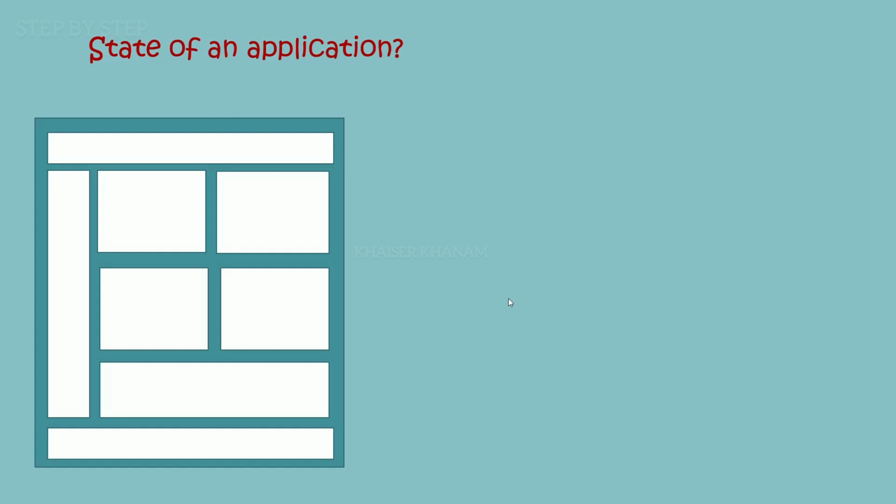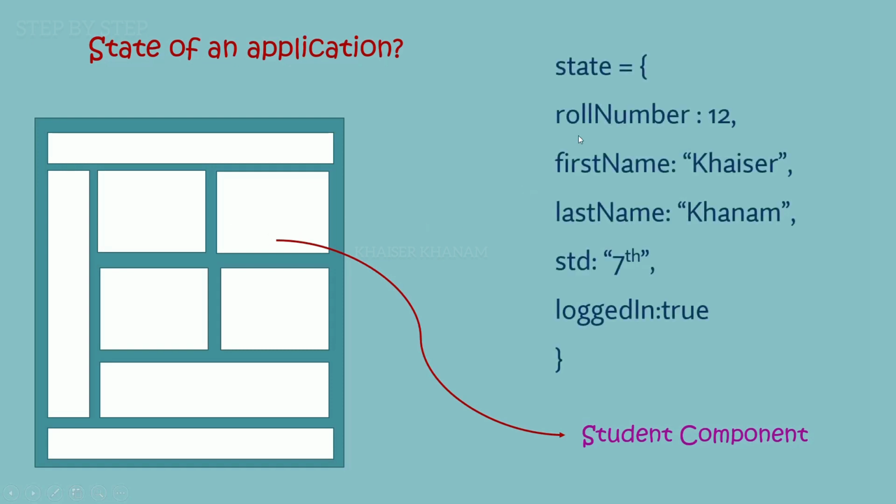Now inside React, each and every component will be broken down. I will have a separate component for navbar, a separate component for header, for footer, for sidebar. For each and everything, I will have separate components. Now in React, just imagine this is called a student component. And inside this component, I have one login form for student, and whatever data you can see: roll number, first name, last name, standard, and logged in through.